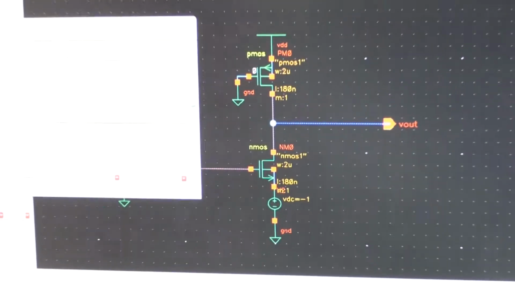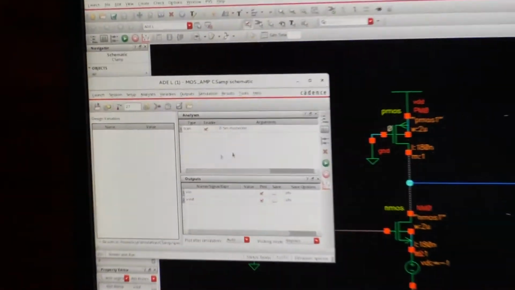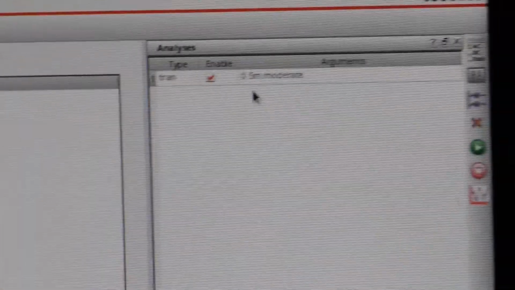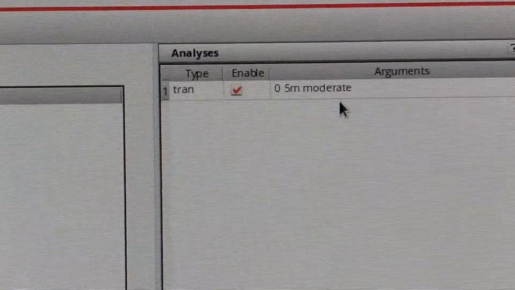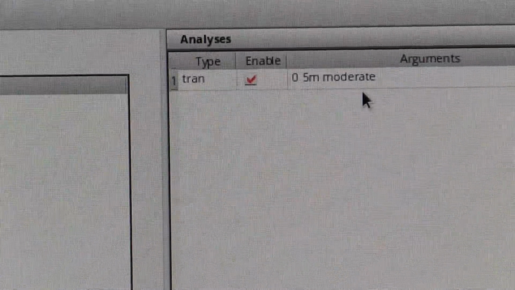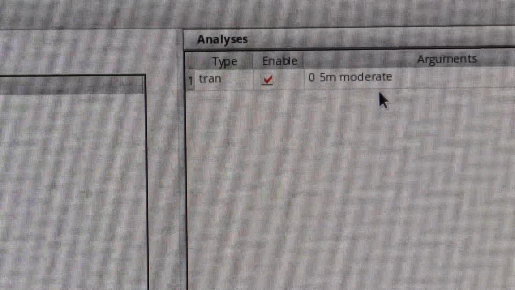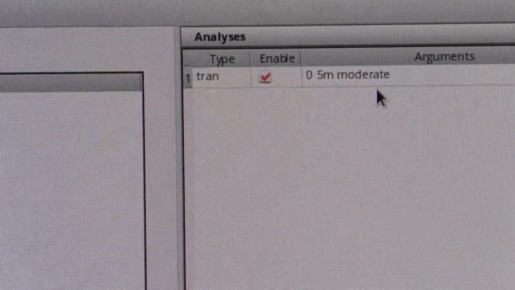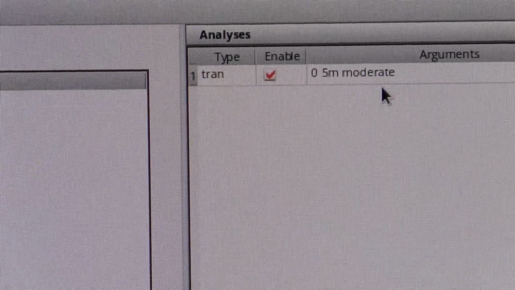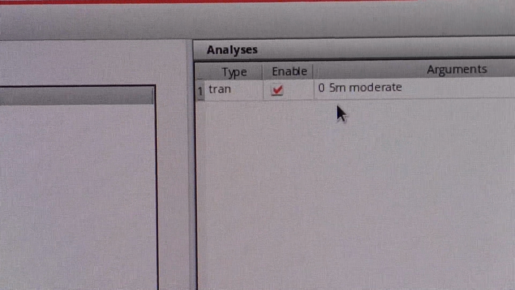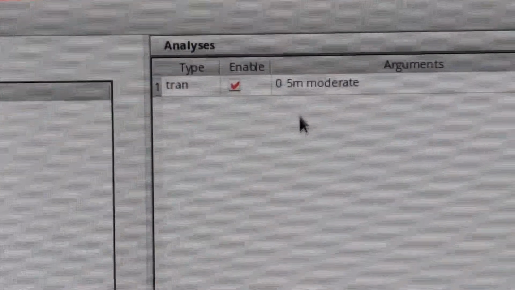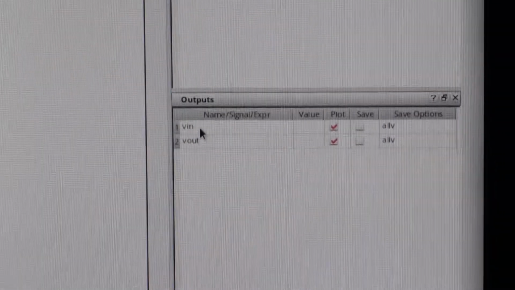So I am going to consider the transient response for 0.5 milliseconds. As you can see very clearly, this is 0.5 milliseconds, and in the analysis we have three variables: moderate, conservative, and liberal. So I have taken the moderate analysis for 500 microseconds, and I am going to plot.